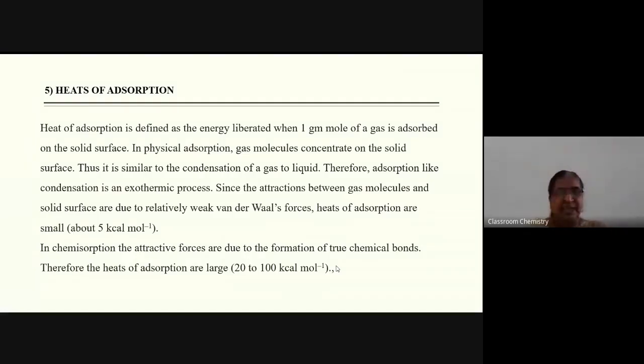Also we have seen about the difference between absorption and adsorption. Absorption आणि adsorption मधले डिफरन्स आपण पाहिलेले आहेत, त्याची एक्झाम्पल्स पाहिलेले आहेत.